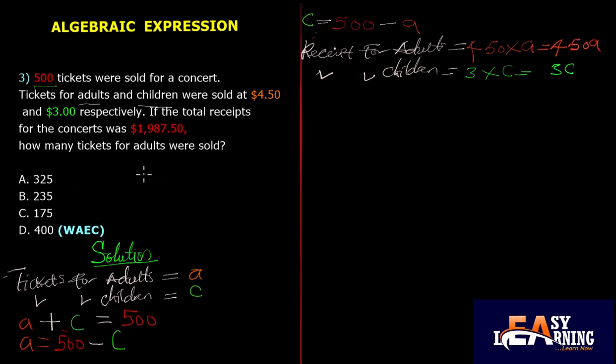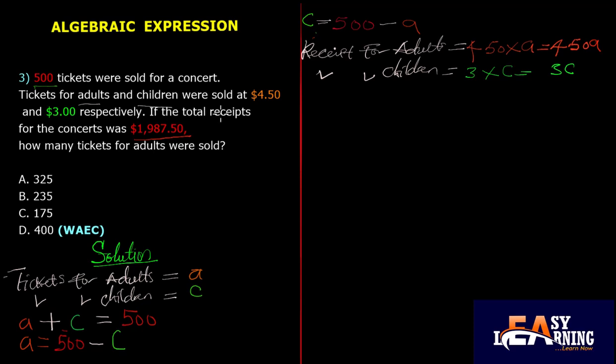And we have been given the total receipts for the concert, both that of the adults and the children. So if we add up this to this, we should be able to have the total receipts for the concert.